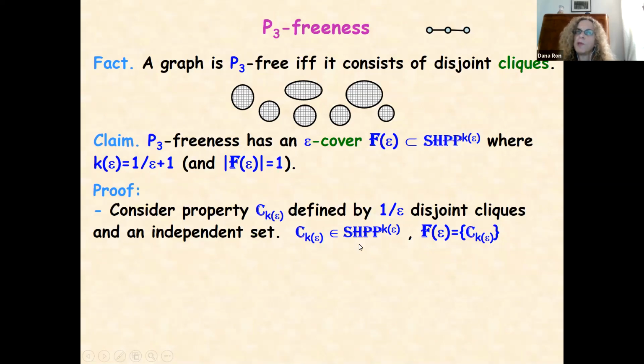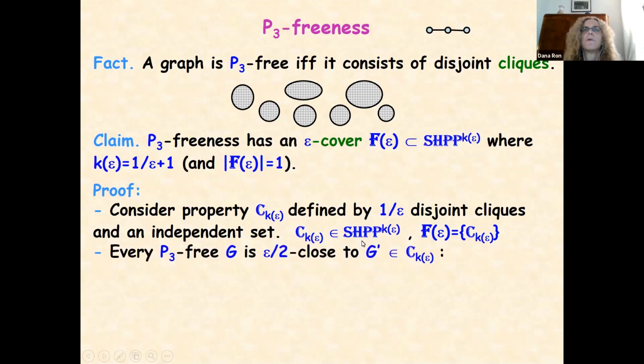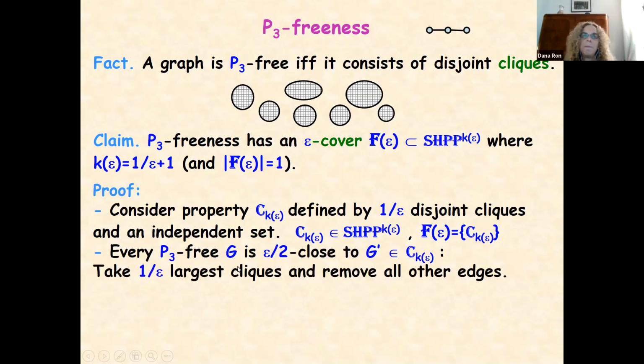But why is this a cover? Okay, let's see this in detail. One direction of the cover says that every graph in the property that is P3 free is epsilon-close to some graph in this property. All I'll do is the following. I'll take my graph, which has many cliques, and keep just the biggest ones. I'll take the 1 over epsilon largest cliques, and these will fit my 1 over epsilon disjoint cliques.